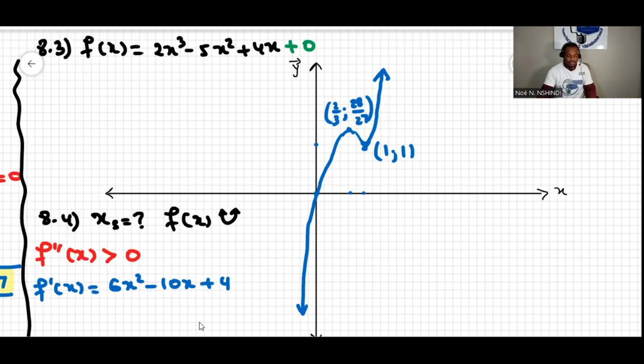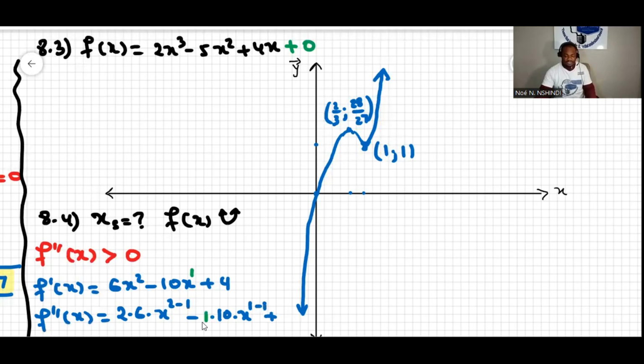Now we're going to work out the second derivative, applying the same formulas for the derivative. So 2 times 6 times x to the power of 2 minus 1, minus 10. Remember that when you don't see any exponent, understand it's 1. So it's 1 times 10 times x to the power of 1 minus 1, plus 4.